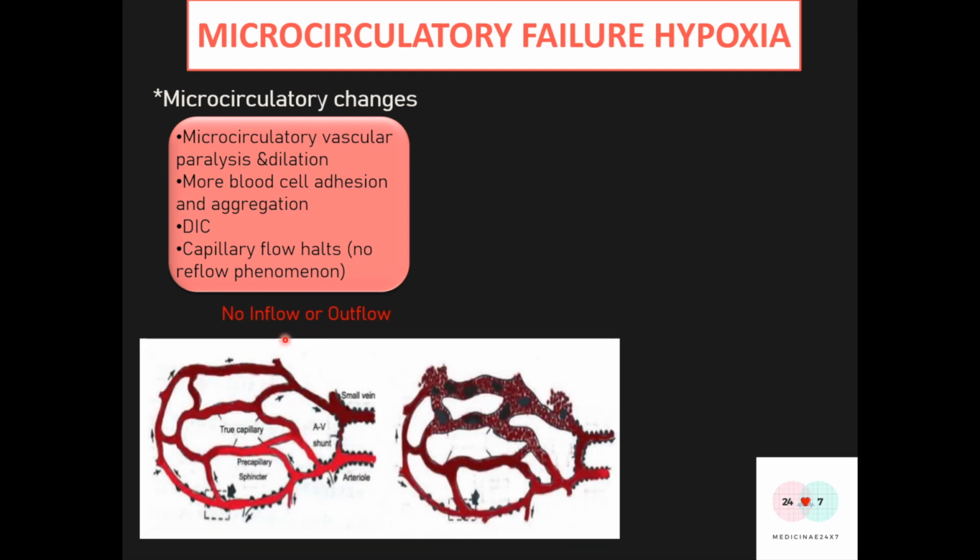In this image, on the left-hand side, we can see a normal functioning microcirculatory bed, and you can compare it to the right-hand side, which signifies the microcirculatory failure. We can see increased dilation of the arterioles and the venules, and we can also observe increased formation of intravascular clots, leading to DIC.